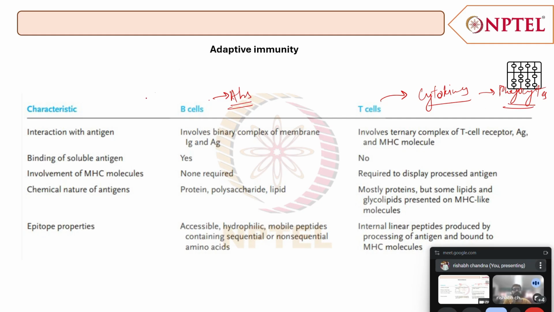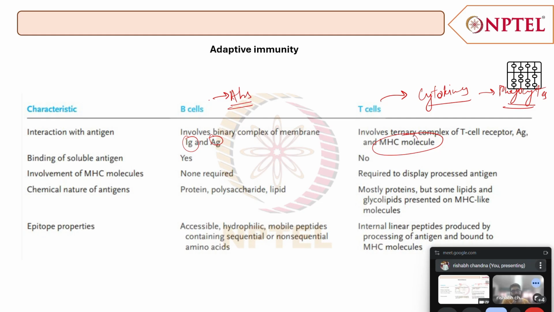Interaction with the antigen is through the immunoglobulin for B cells, and for T cells it is through the T cell receptor, antigen, and the MHC molecule, the major histocompatibility molecule. We'll study in the next few chapters how a T cell is presented an antigen from a foreign as well as the self moiety.